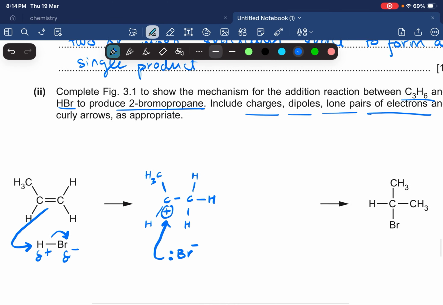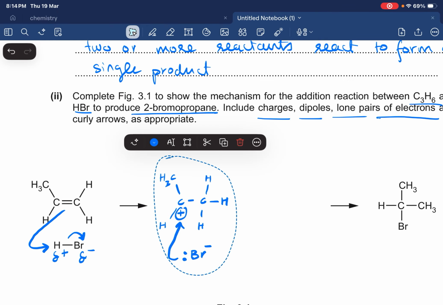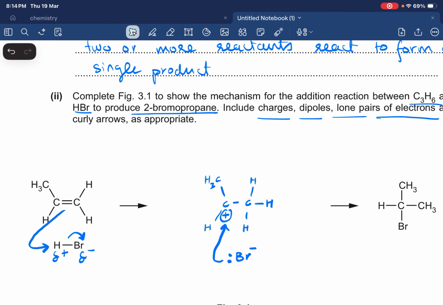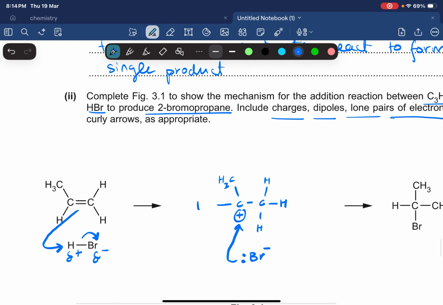Done. So that is all you had to show the examiner. Just one thing, that this H could be drawn somewhere here.